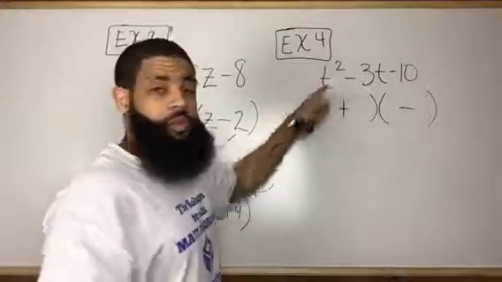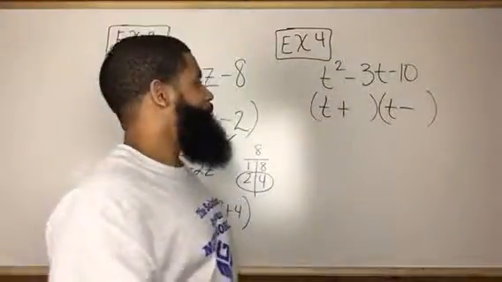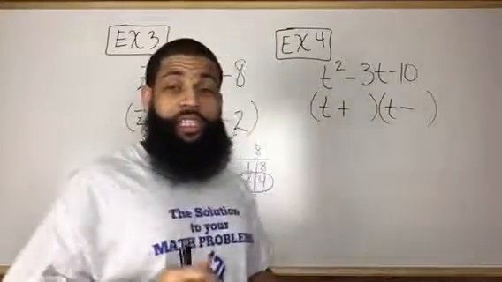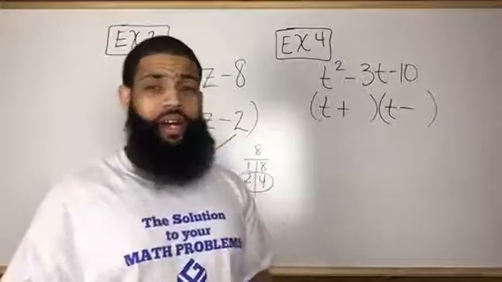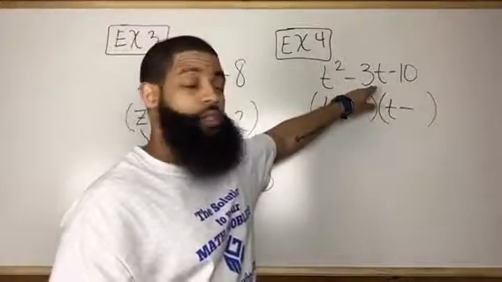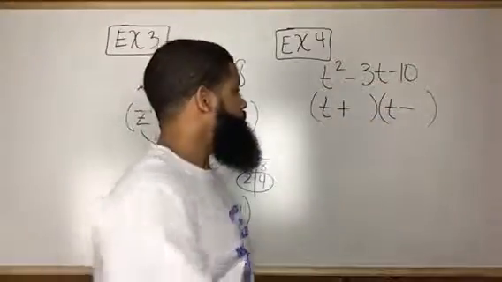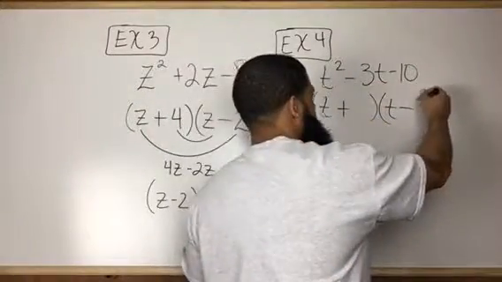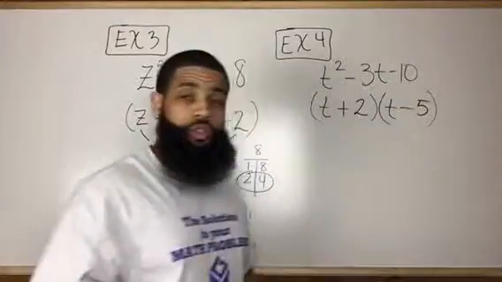So t squared, we still just have t and t. All right, now the factors of 10. 10 has factors 1, 10, 2, and 5. And we need to know which one of those sets of factors are 3 apart. So in this case, I want to say minus 5 and then plus 2.